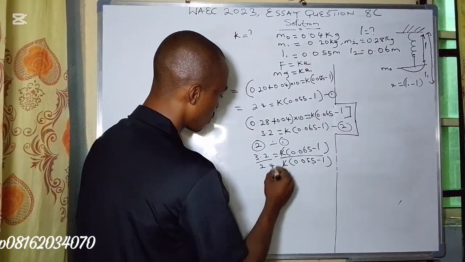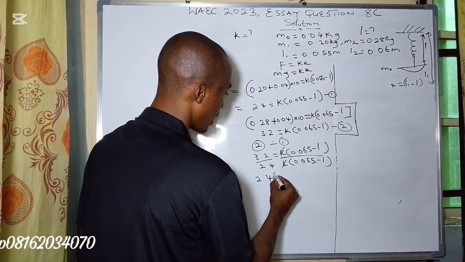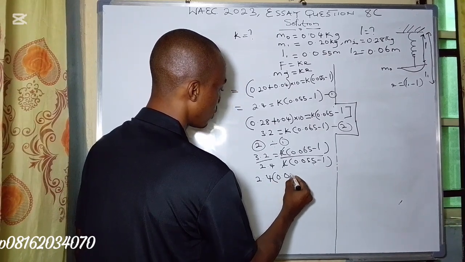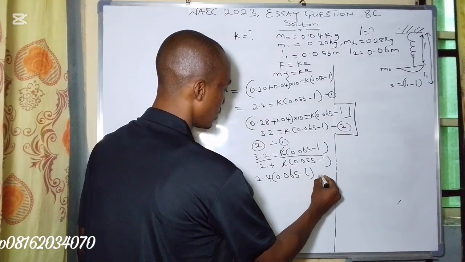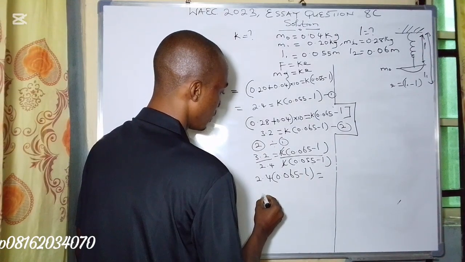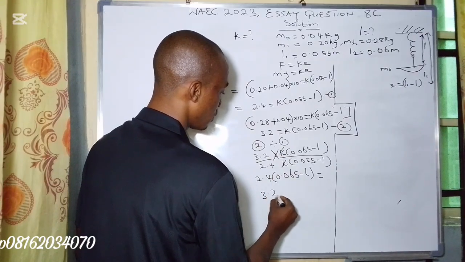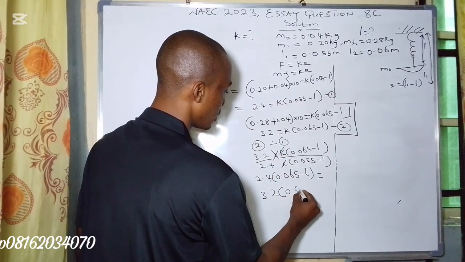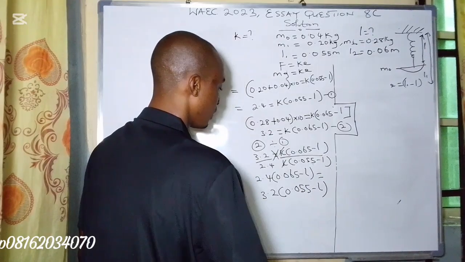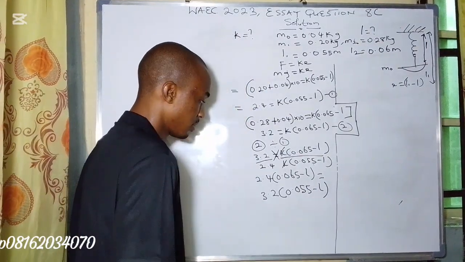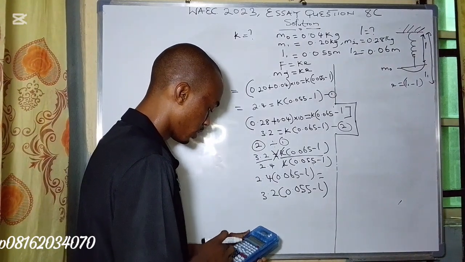Then we'll cross multiply. We're going to have 2.4 in bracket 0.065 minus L is equal to 3.2 in bracket 0.055 minus L. So now let's multiply through. We'll say 2.4 times 0.065.